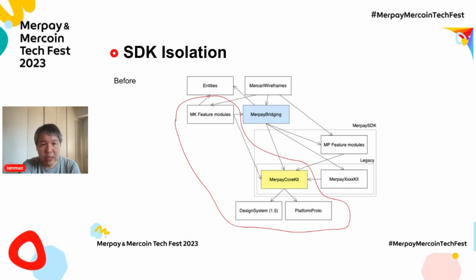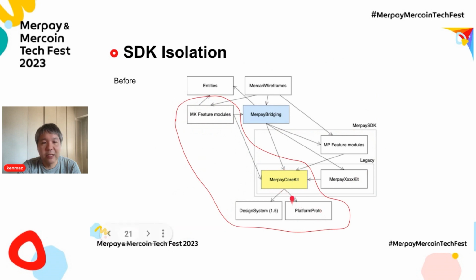To be specific, this is what we did. This is a diagram that shows the dependency of the modules, and this is the Mercari feature modules. And the Mercari features are dependent on the Merpay core module, which uses the DI container.